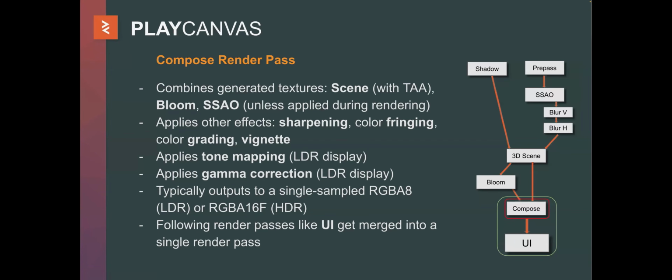And as I said, typically we either output 8-bit or 16-bit, depending on the screen that you have on your device. Quite often, during the rendering of the scene, there's UI that renders at the end as well, after all post-processing. So we render it on top using separate render paths. But as they all render to the same render target, we simply merge them together to save the bandwidth. So we only write it out one time with UI as well. So another optimization there.